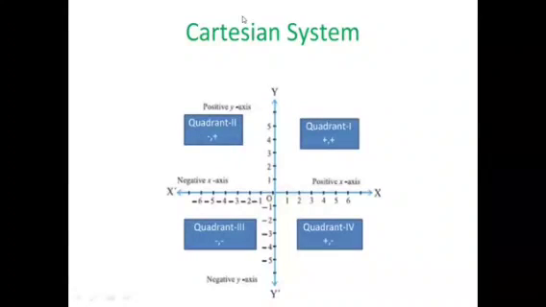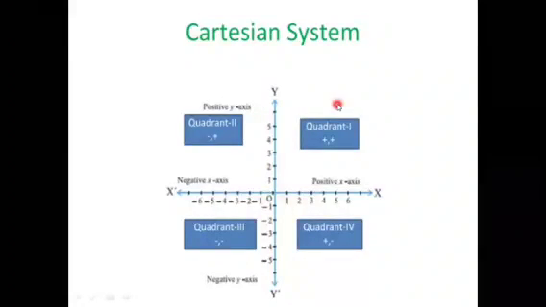So this wonderful thought of the great mathematician René Descartes gave us a new system of locating the position of an object, the system known as the Cartesian system, a system named in honor of the great mathematician René Descartes.